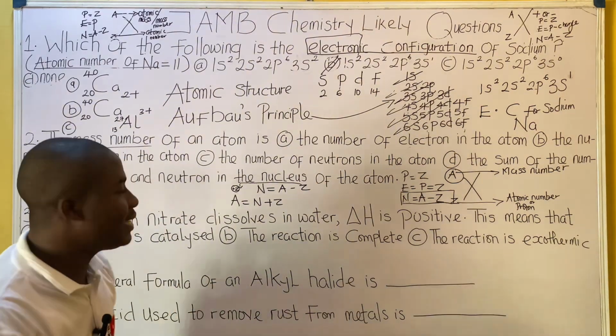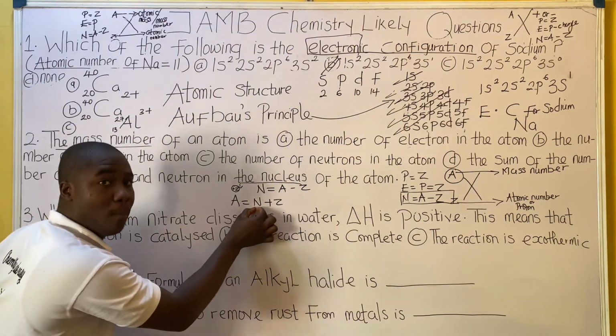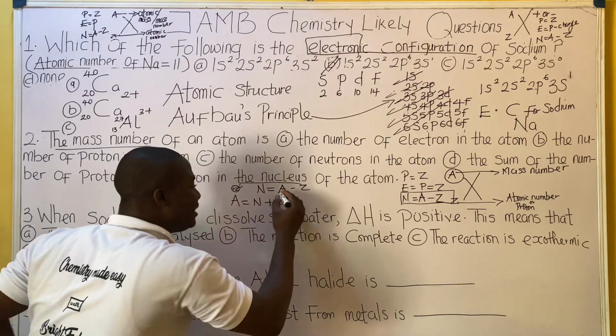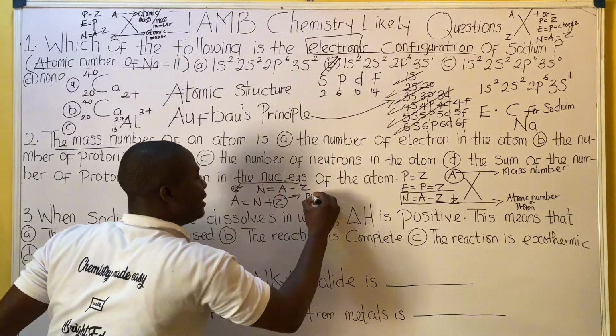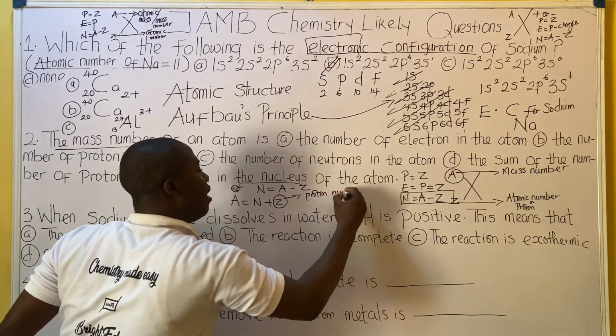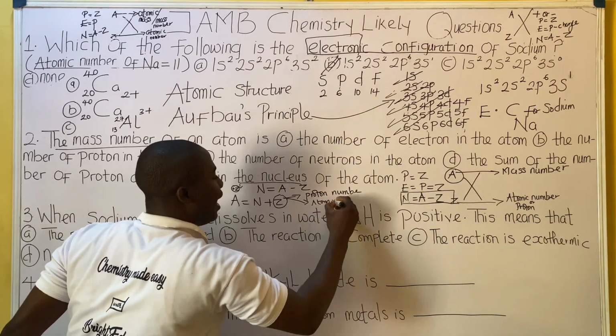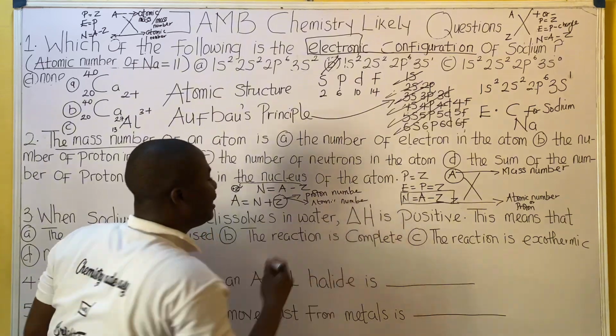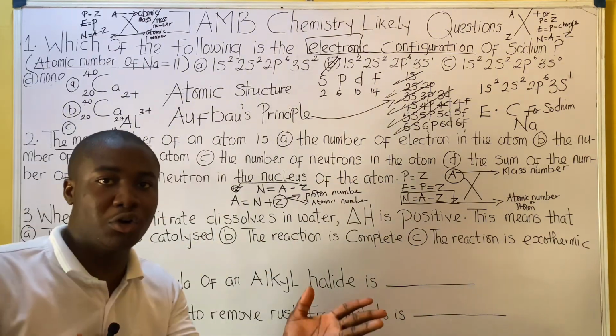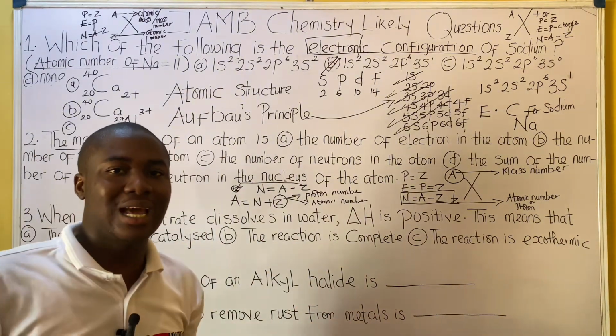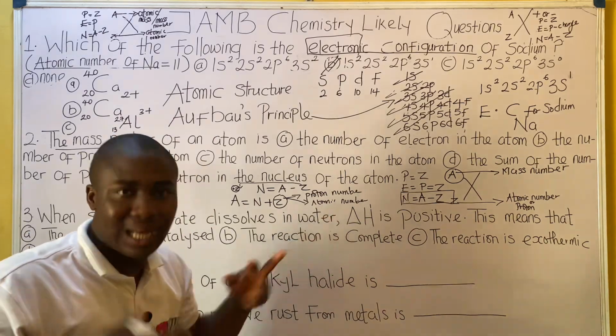So we can simply say that mass number is the sum of neutron number and proton number, or we can as well say neutron number and atomic number. I believe you are following me.